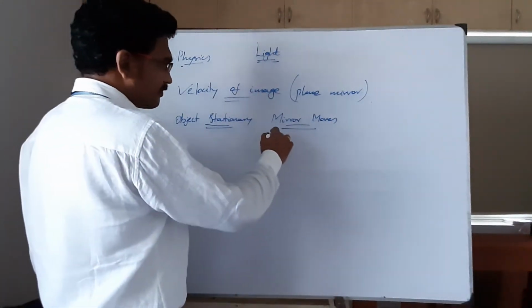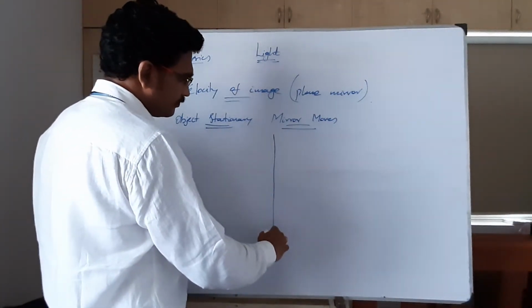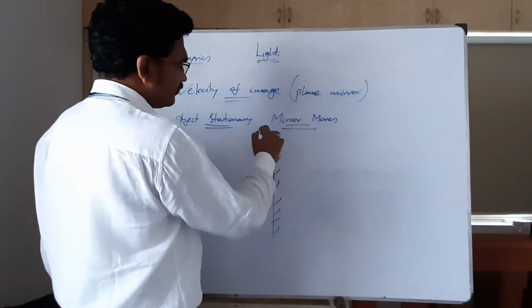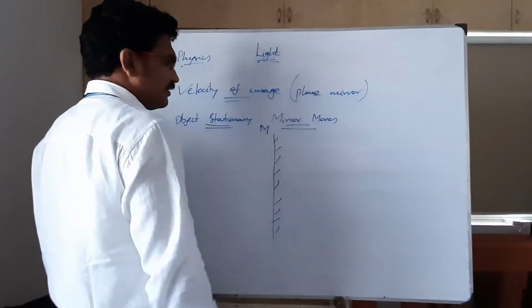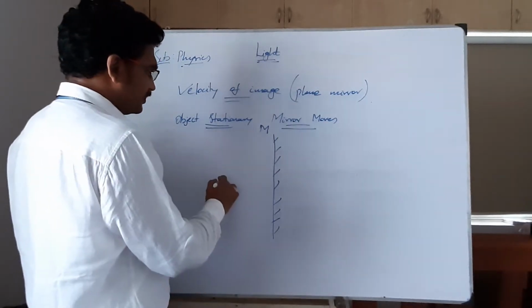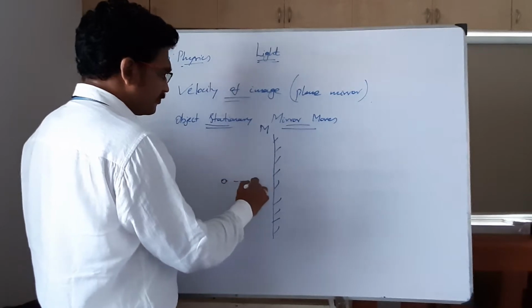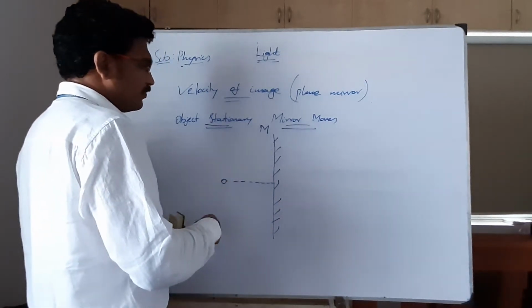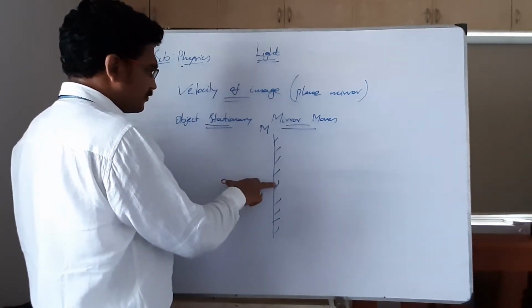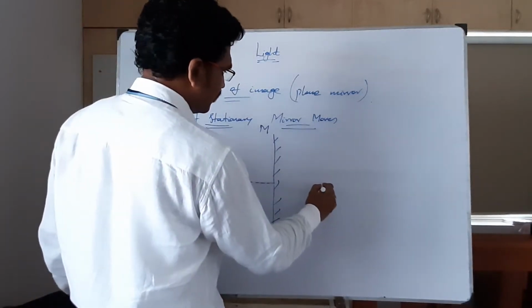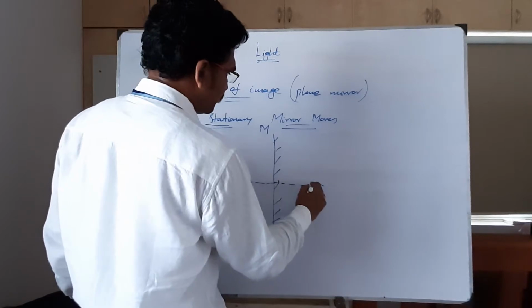Now again, here is the mirror. This is the mirror and here an object is there. Now this is the image.